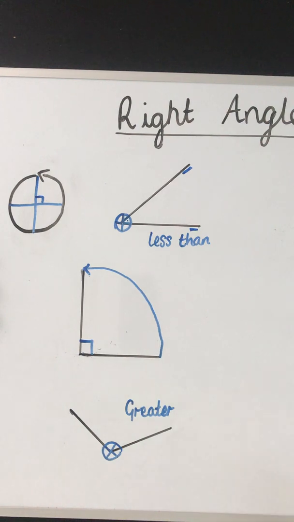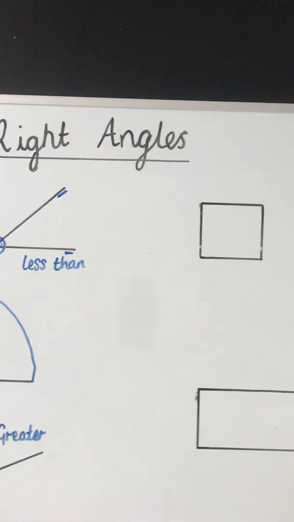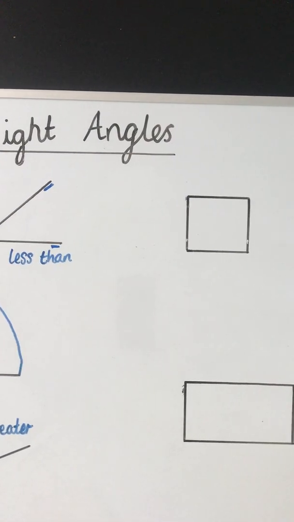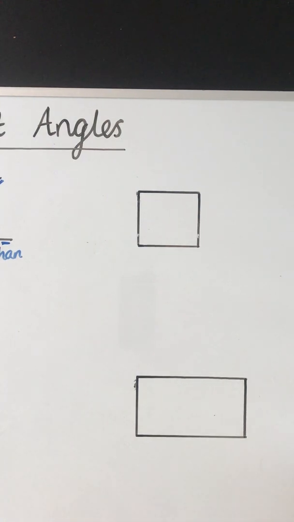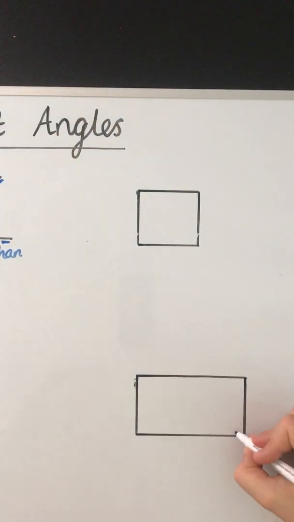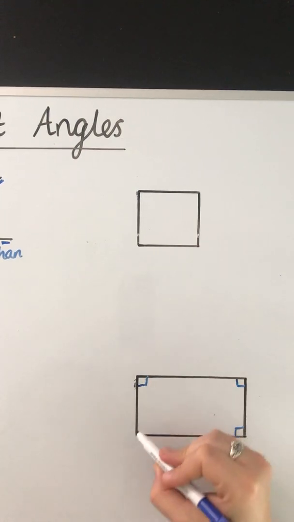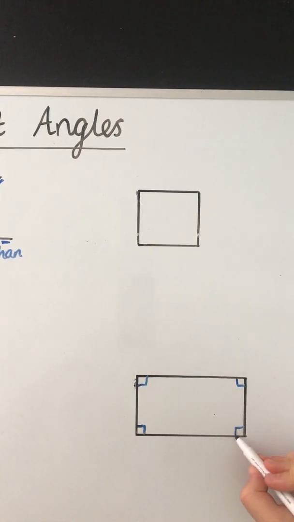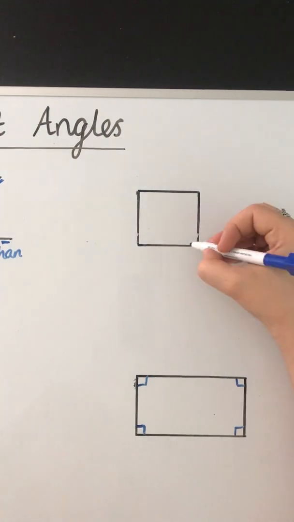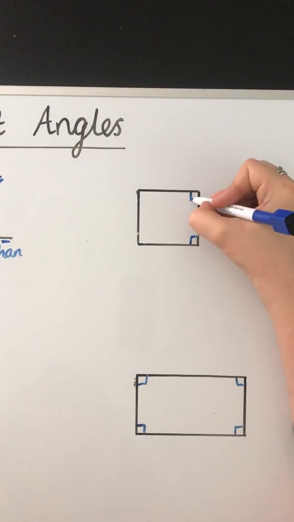Now, a little tip for you, okay? Squares and rectangles have got 4 right angles, okay? In all of their corners, they have got right angles. There's 1/4 of a turn between each of the two lines, okay?